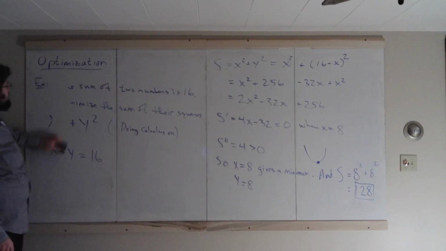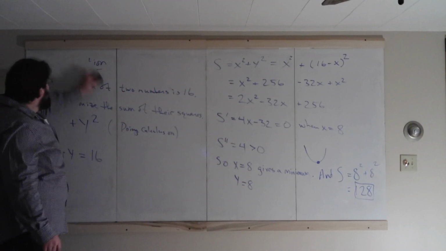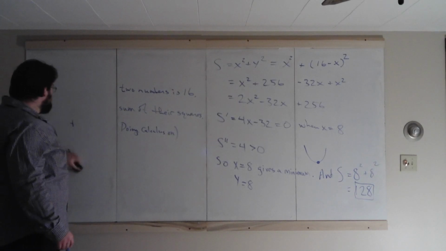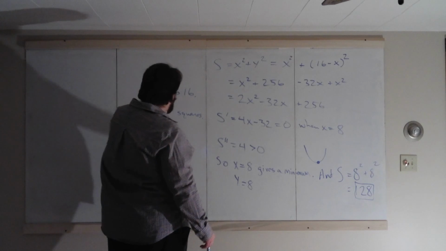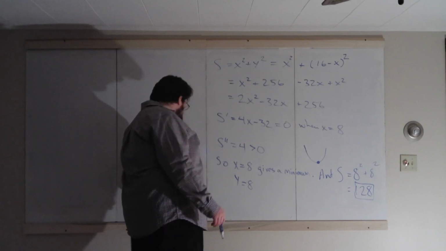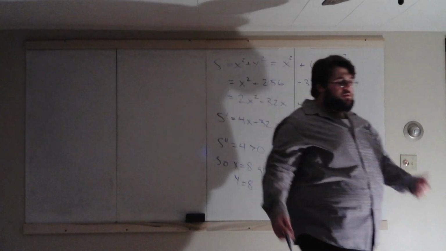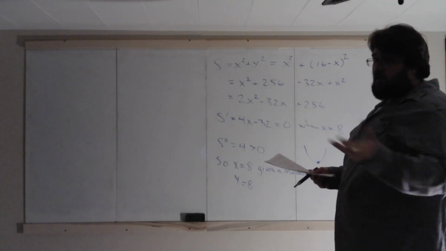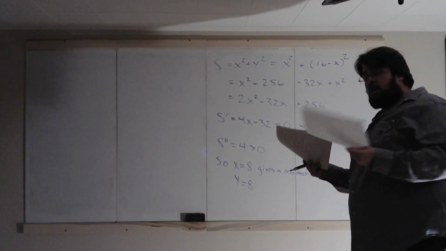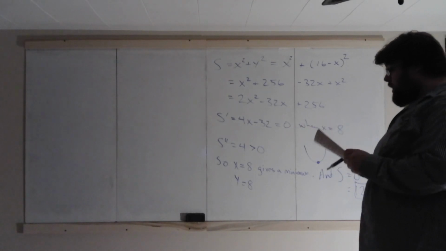So you could be asked an example like that, where it's just, here are some numbers, here's some information on some numbers, turn them into equations, and do calculus. But notice the similarities between that and the first one. You had two functions, one you were doing calculus on, one you weren't.